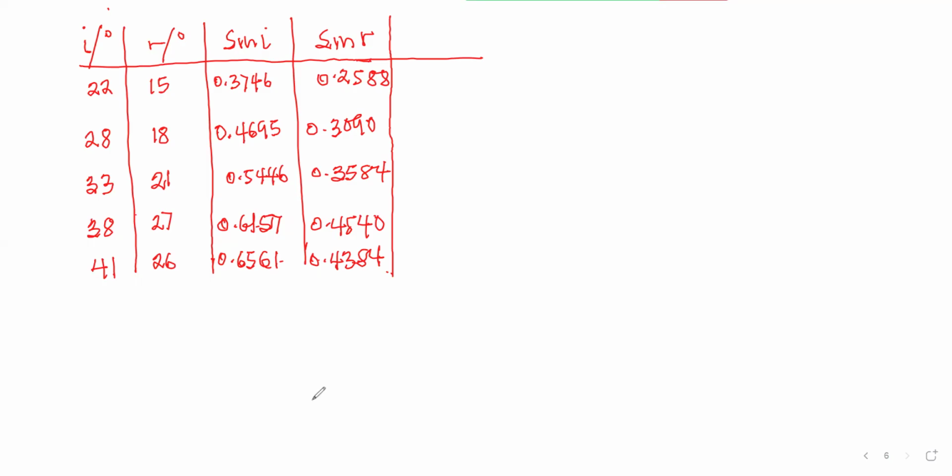Now, in plotting sine I against sine R, you choose scales. It is always wrong to choose scales with these values as they are, because these are 4 decimal places, and somebody may not be able to plot.